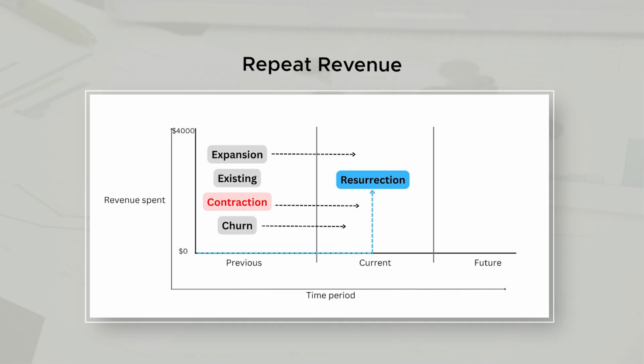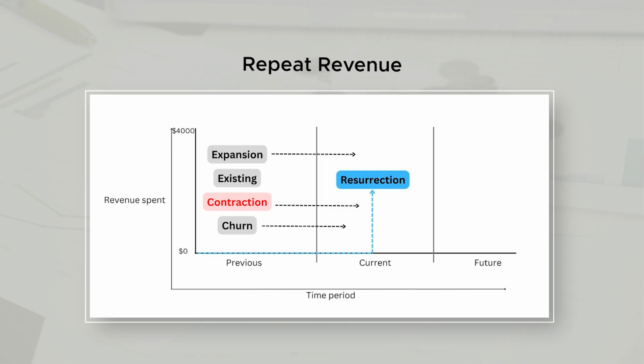Suppose the number of employees in your customer organization has gone down, the number of users may go down. So that leads to contraction in revenue. Contraction can also happen because some of the modules are not being used anymore, and so the number of modules subscribed reduces. So you have an existing starting revenue, and you had expansion or you had contraction.